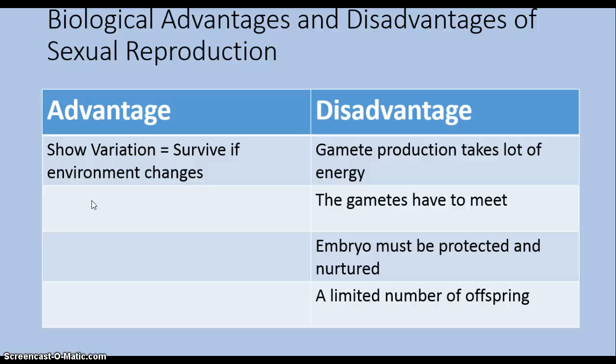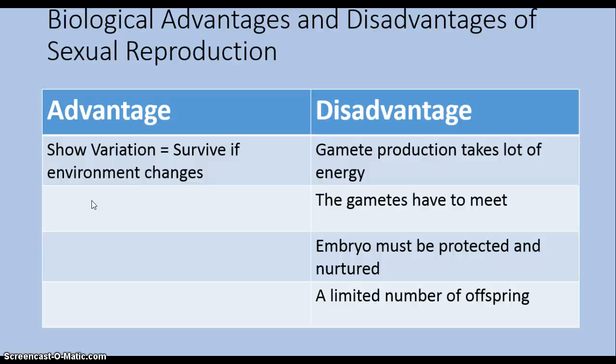The disadvantages are that gamete production takes a lot of energy. The gametes have to meet. So this is difficult in, say, plants, where it depends on the wind or other sources, and the joining of the gametes isn't guaranteed.